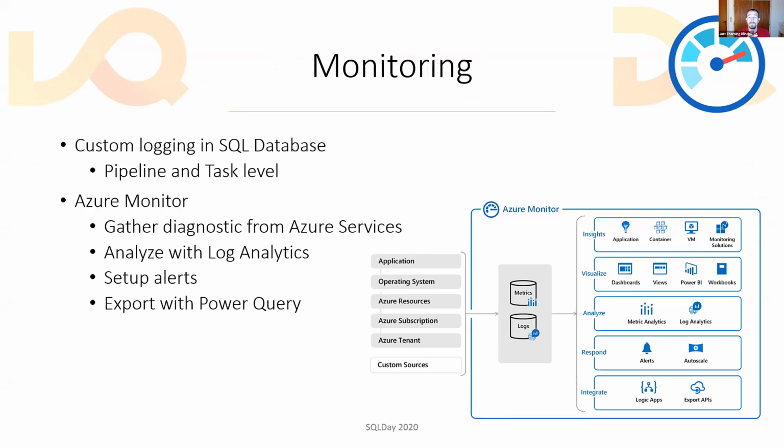You can actually use Power Query on top of Azure Monitor, so you can make a Power BI report on top of your logging, showing how your nightly run was and showing it over time and so on. So Azure Monitor is a preferred way of saving your logging. So yeah, that's the monitoring part.